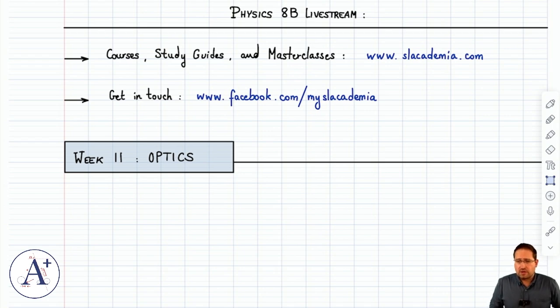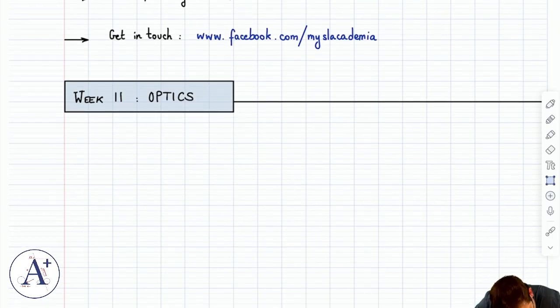So let's start by talking about the index of refraction, which is something that we very briefly mentioned last week, but that we need to define. The index of refraction is going to be in the case of a transparent medium.